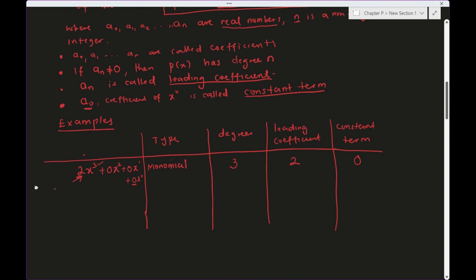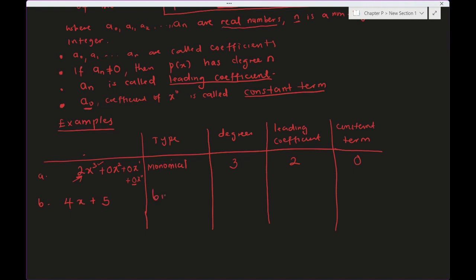Next one is this one. This is 4x plus 5. This is what we call binomial because we have only two terms. And what is the degree? The highest power of x here is 1. What is the leading coefficient? The leading coefficient is the number behind the variable with the highest power, so it's 4.